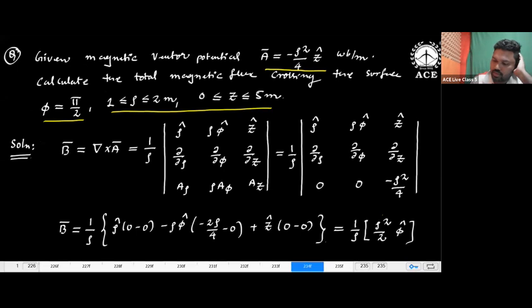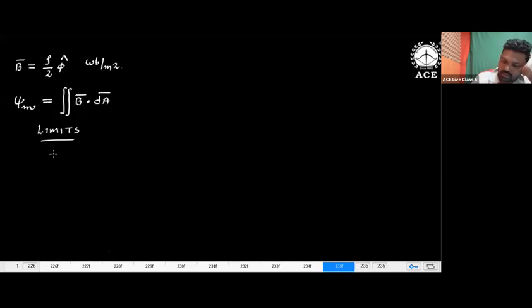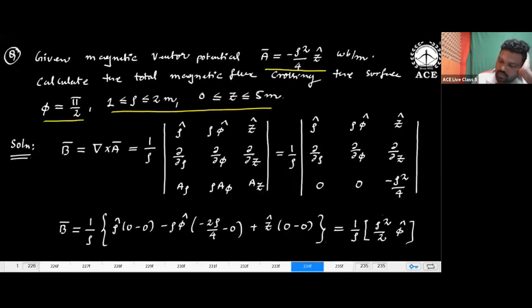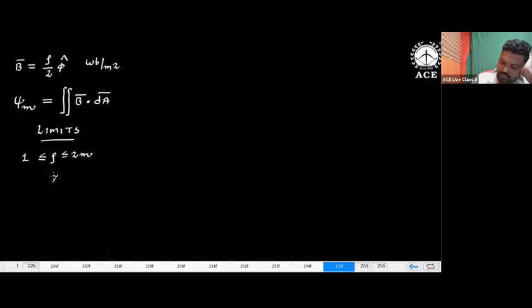And what are the limits here? Phi is fixed, rho is ranging from 1 to 2. Z is from 0 to 5. Phi is only pi by 2. Clear, beta? So phi is fixed, beta. It is the rho z plane.